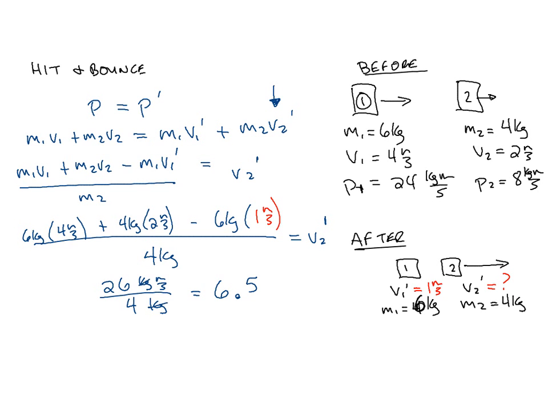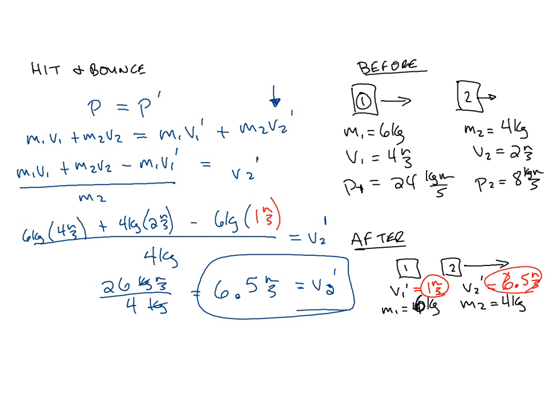My kilograms cancel out, and I've got meters per second there for v2 prime. 6.5 would be the speed of v2 prime if this number is right. Okay, if it really is 1 meter per second for v1 prime. I made that number up. Maybe it is, maybe it isn't. But you can see how if I know most of the numbers here, I can certainly find the other ones.